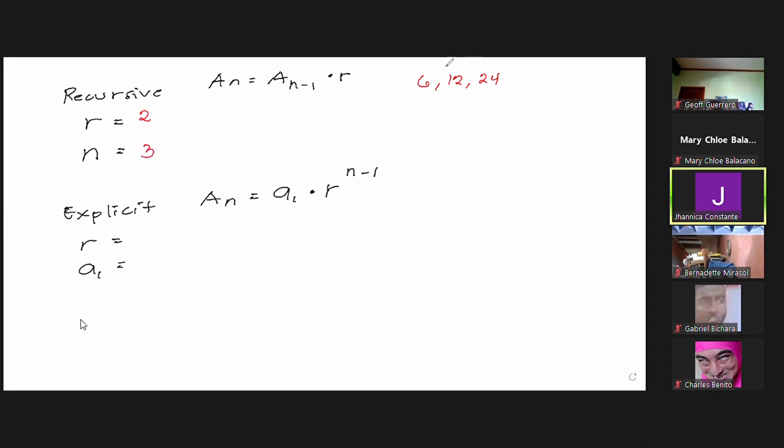If we're going to write the recursive formula of this sequence, we have a sub 3 minus 1 times 2. So the recursive formula is an equals to a sub 2 times 2. Okay, that is our recursive.